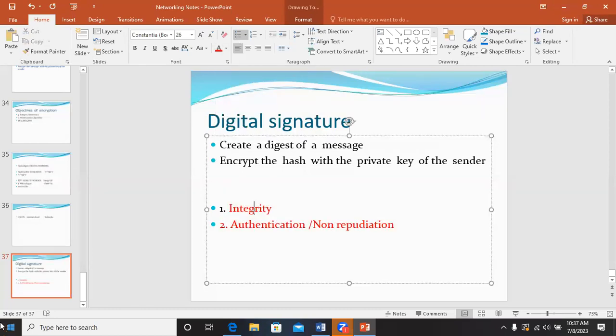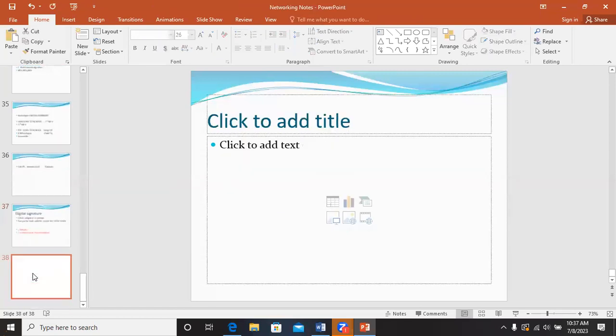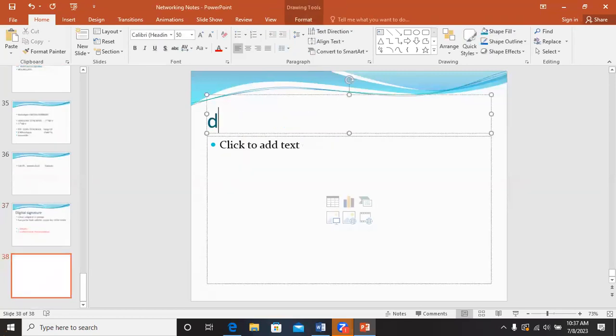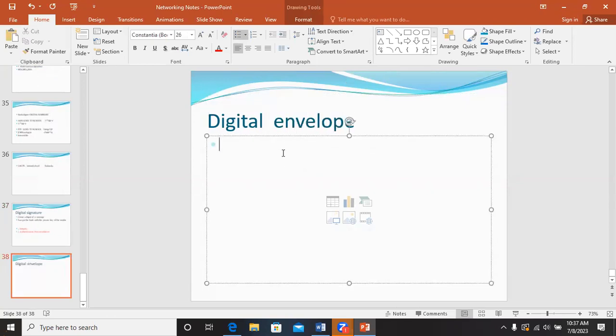We also have what we call a digital envelope. So what do we mean by digital envelope? We've already said that private key cryptography is fast, but insecure, because you have to move the session key up and down.